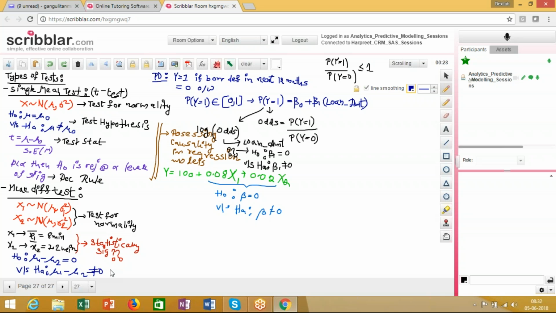Right. So over here, what we are trying to do is the mean difference test. The hypothesis is that there does not exist a significant difference in the mean versus there exists a significant difference in the mean. So H naught is mu one minus mu two equal to 0 versus the alternate hypothesis mu one minus mu two is not equal to 0. Right? So this is the overall idea.